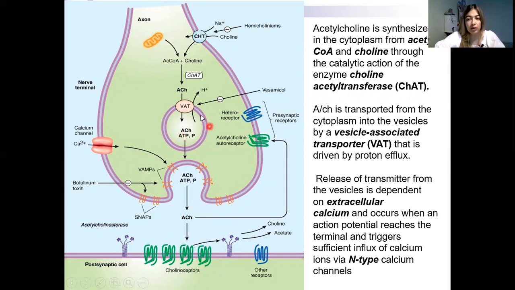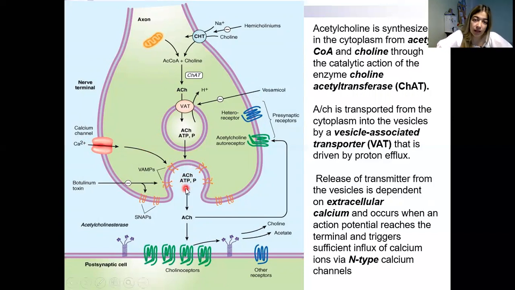So what do we have here? The release of transmitter from the vesicles is dependent on extracellular calcium and occurs when the action potential reaches the terminal and triggers sufficient influx of calcium ions via N-type calcium channels. So this neuron firstly should be stimulated to have the action potential, which provokes the influx of calcium, which provokes the outflow of acetylcholine.